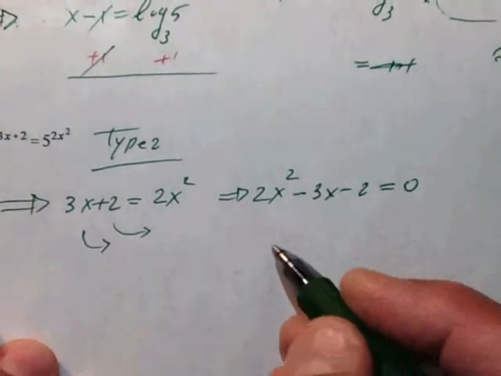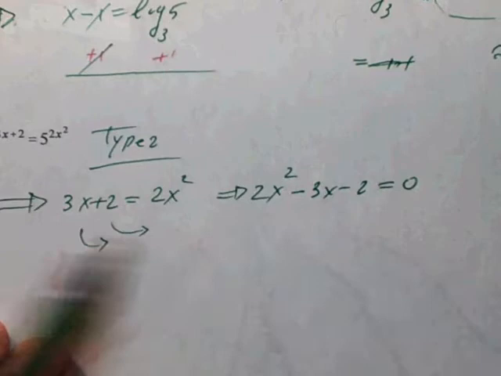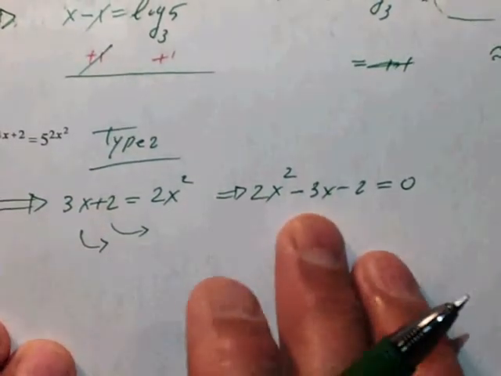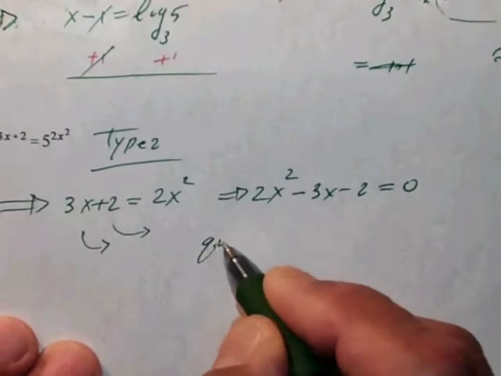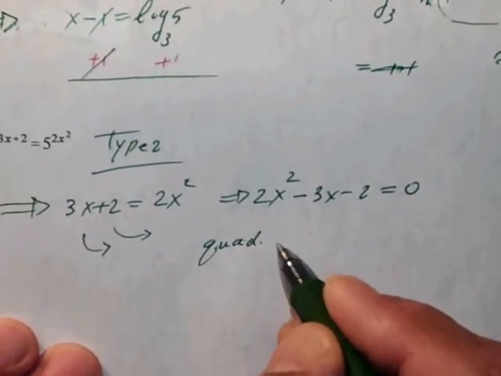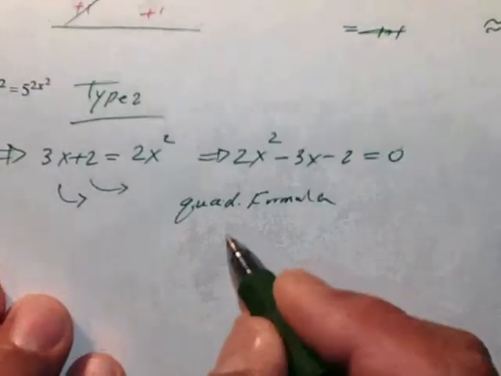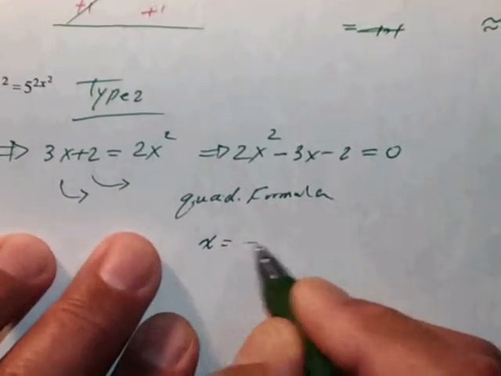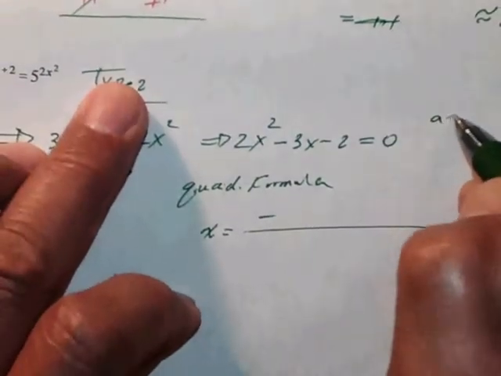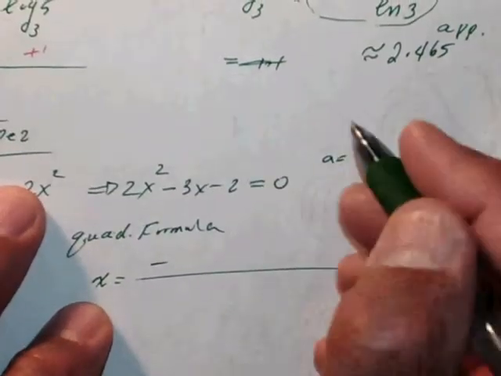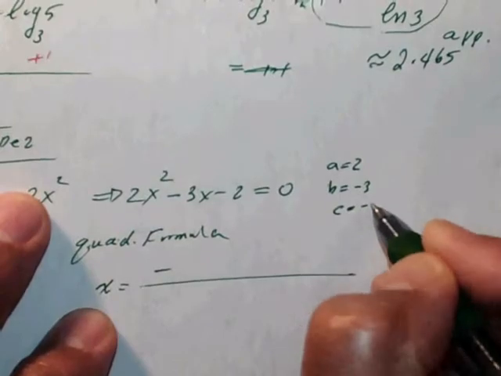This is a quadratic equation. Then I can factor this or use the quadratic formula. X is equal to minus b plus or minus the square root of b squared minus 4ac, over 2a. Here a is 2, b is negative 3, and c is negative 2.